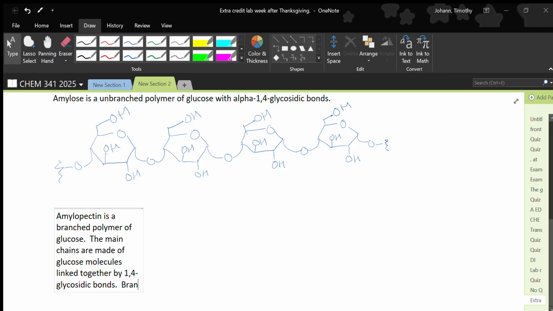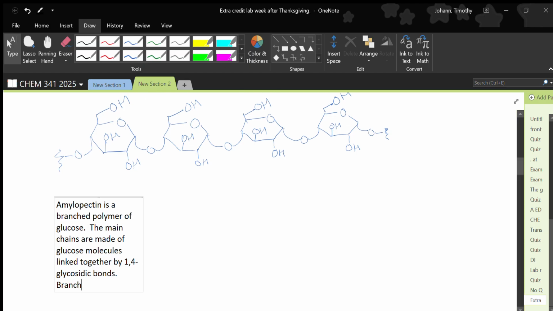Branches occur every 24 to 30 residues. Forgot to get my notes out, but they occur every 24 to 30.